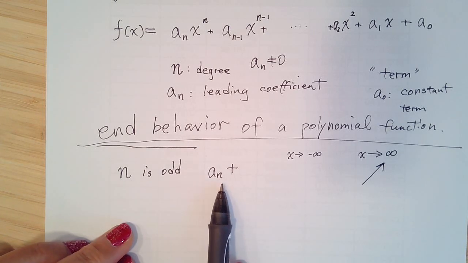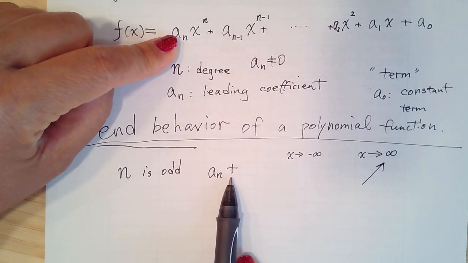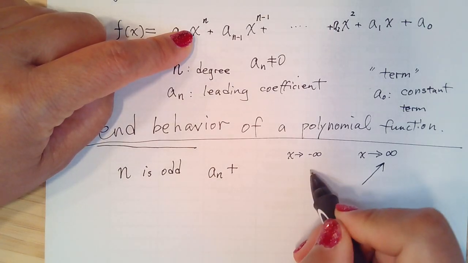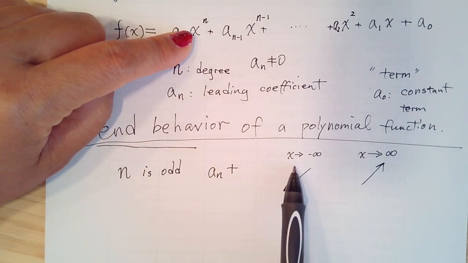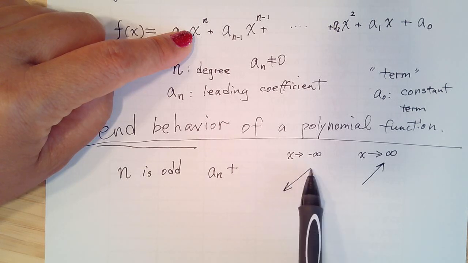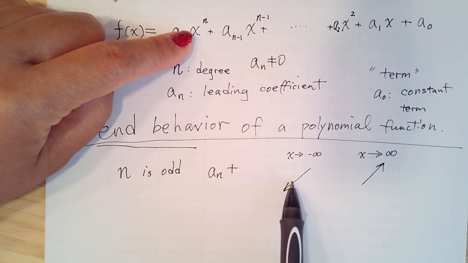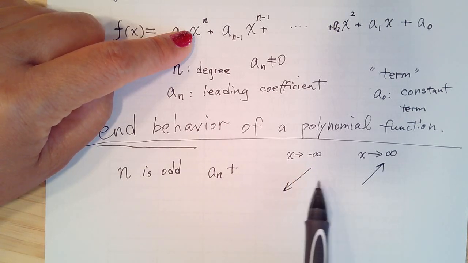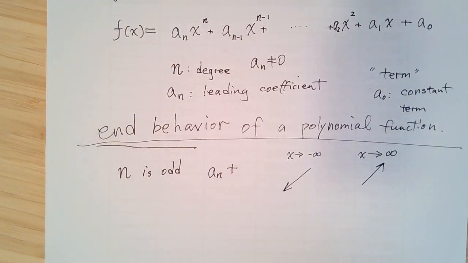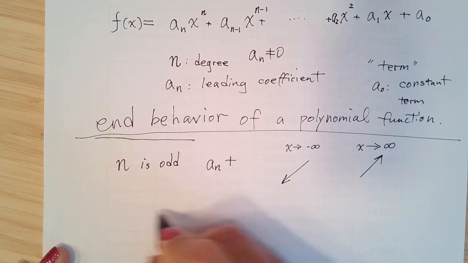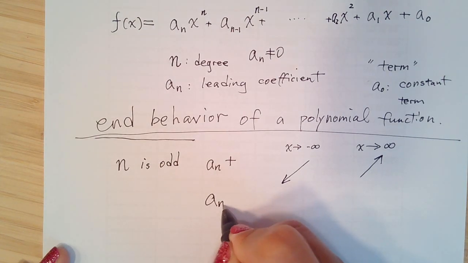And a n is positive, so you're not changing the sign. So what it says is when x goes to the left, the graph of this function will drop. This is called the end behavior. Make sense? Okay, now next one. What happens when n is odd but a n is negative?